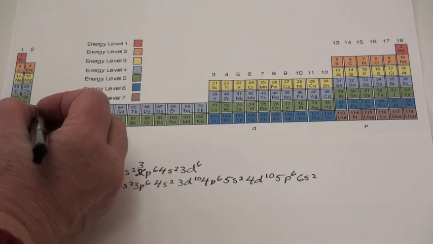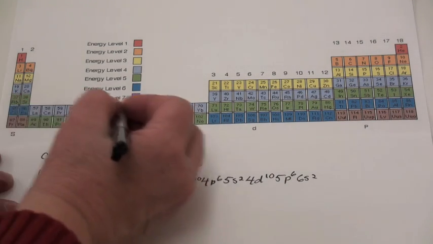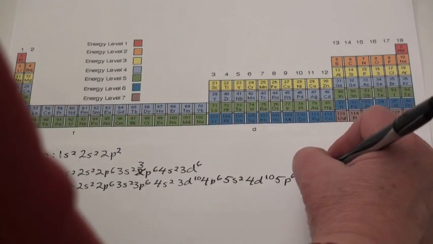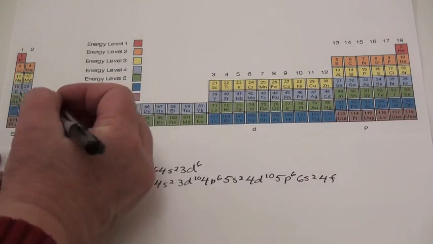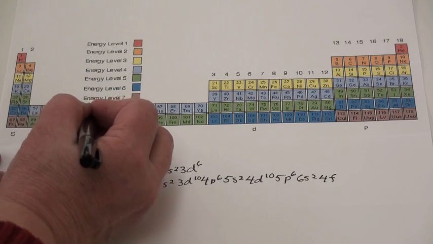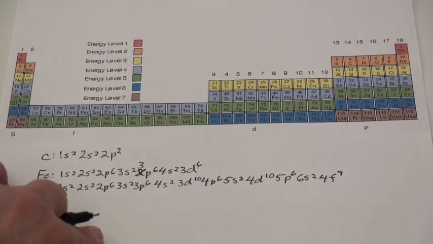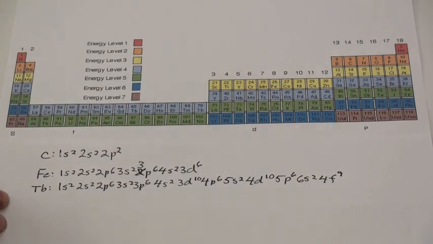And now we're in, finally, the f blocks. Terbium's in the middle of this one, so the color is 4. It's the f block, and it's 1, 2, 3, 4, 5, 6, 7, 8, 9. 4f9. Once again, if you add up all the what look like exponents but really mean electrons, it'll add up to 65.